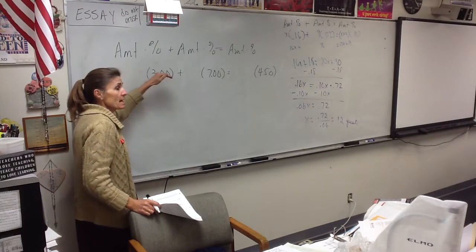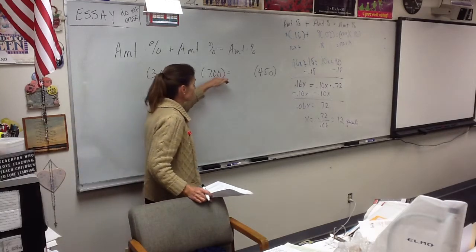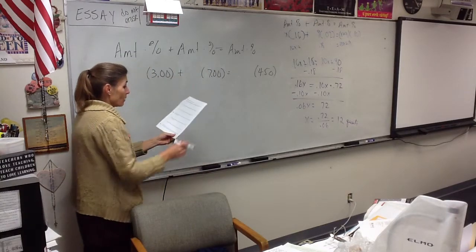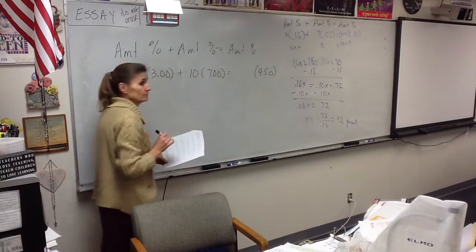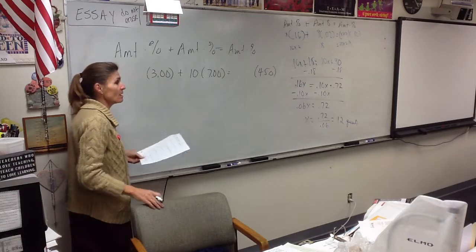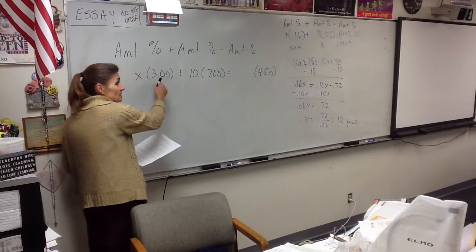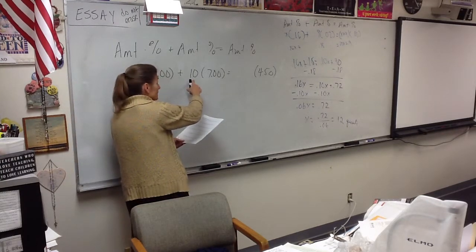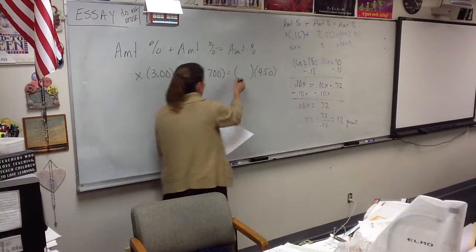Think of the money as the percentages. Now, where do I put the 10? It goes with the 7. X is pounds of peanuts, and 10 is cashews. How much nut mixture will I end up with? X plus 10.